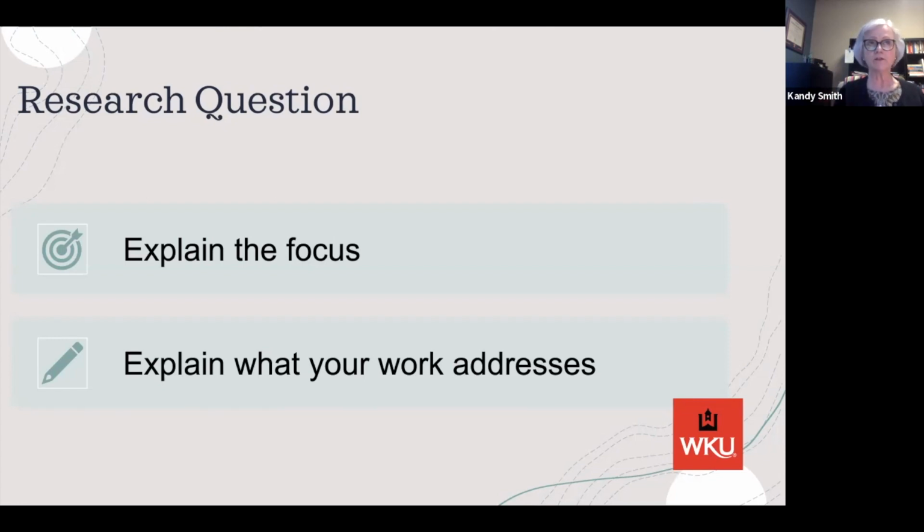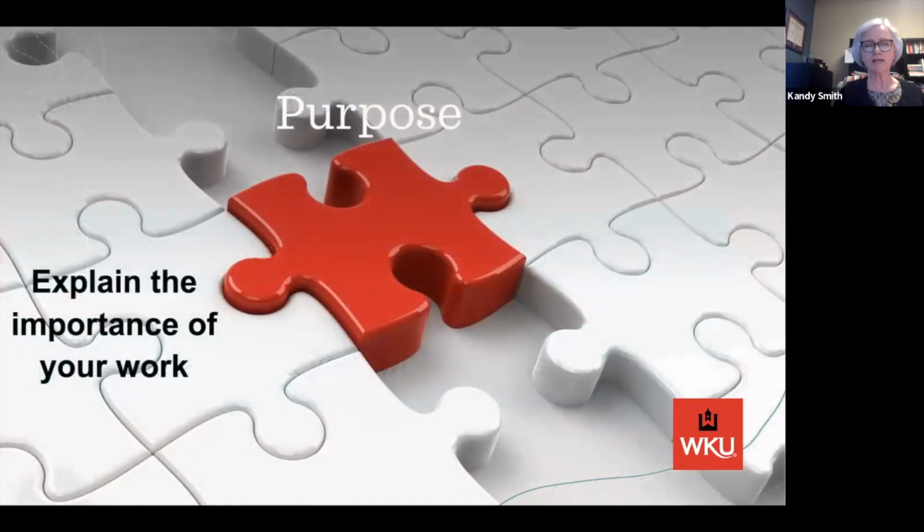Are you trying to address a gap in the literature? Are you adding to the research? Are you doing it for a course that you're in? Are you conducting the research for future research that you're going to conduct? And so explain your focus and then explain what your work addresses. So that would be your research question, but I'll show you, you don't have to write that in question form. And I'll show you when we get to the abstract that was in an earlier conference.